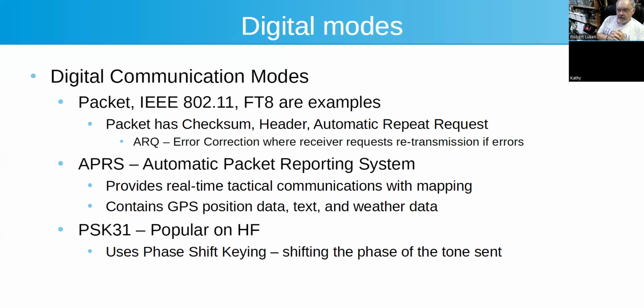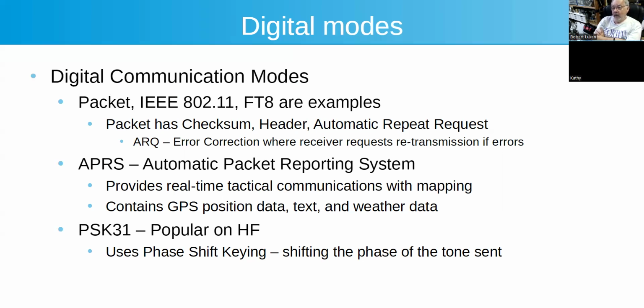One of the digital modes, an older one, is called packet radio, where you send a packet of data that has a checksum in it, a header, an automatic repeat request, which we call an ARQ, which is an error correction technique.